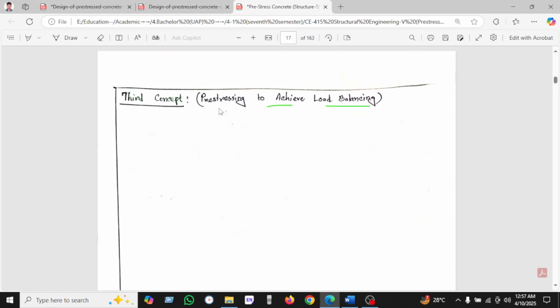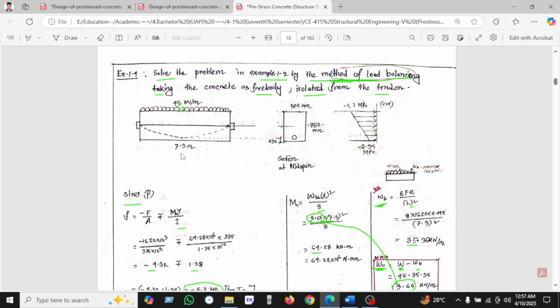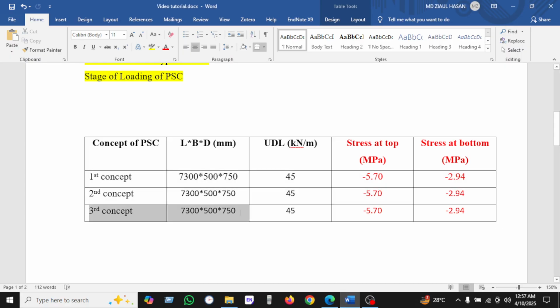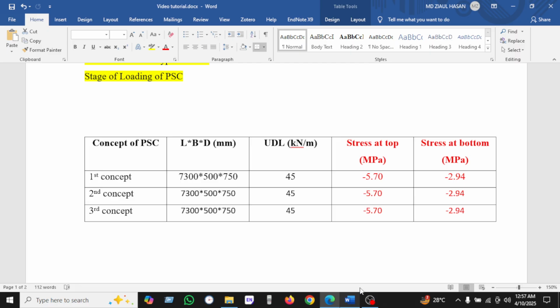And then we went to the third concept, achieving the load balance. We got the balancing load with the same load, 45 kilonewton per meter, 7.3 is the length, and 575, 750 is used for the third concept here. The load and the final stress at top and bottom are just the same as the previous.